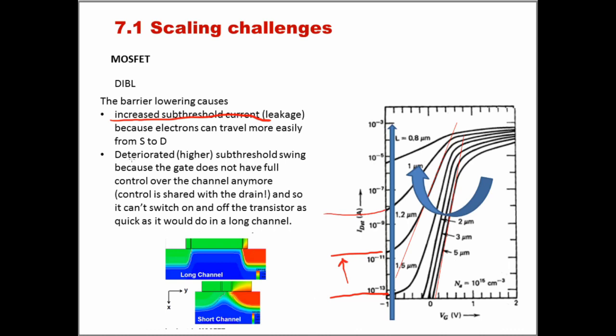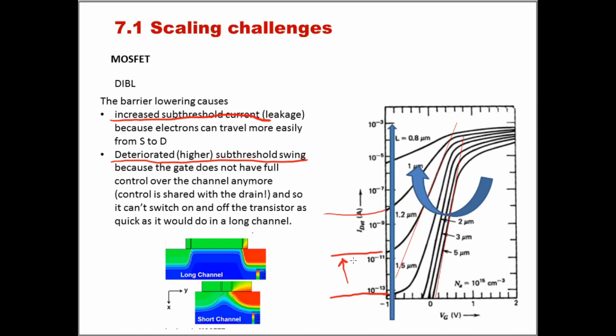Another effect is the deteriorated, increasing subthreshold swing, as again shown in this plot by these fitting lines in red that I've shown here. So as you can see, the swing is deteriorating. So the slope is decreasing on this diagram, which means that the swing, which is 1 over the slope of these curves, is actually going up.